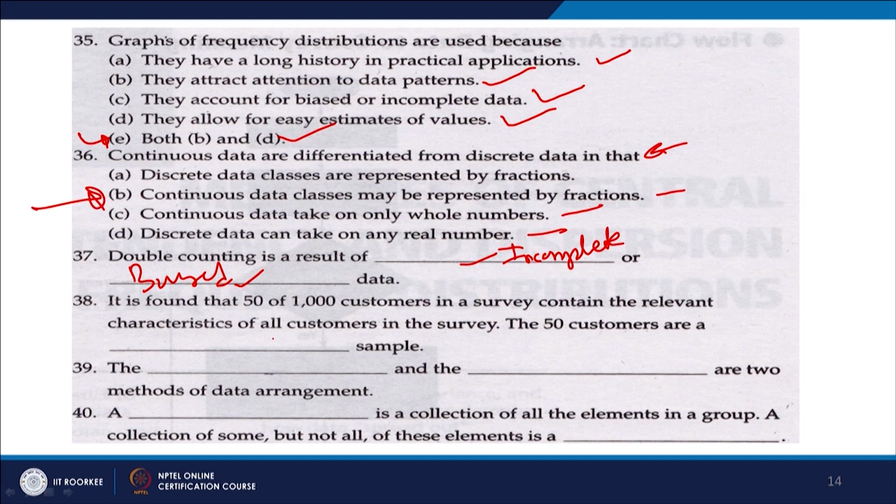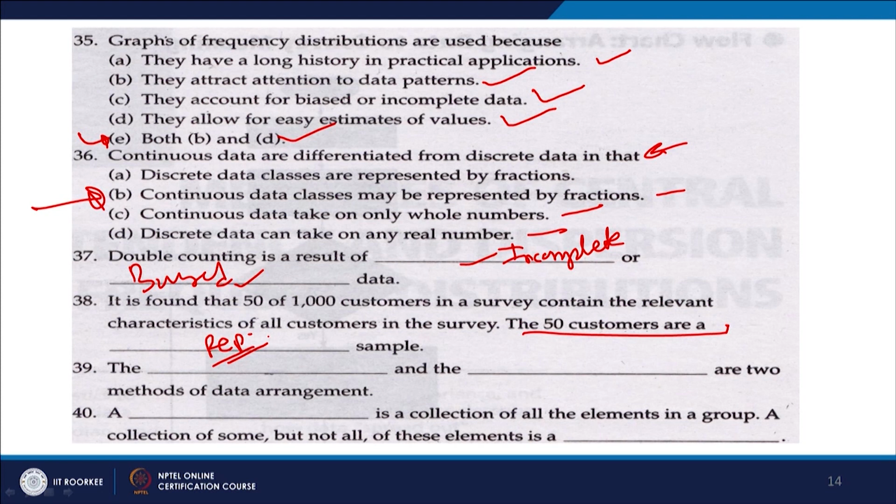It is found that 50 of 1000 customers in a survey contain the relative characteristics of all customers in the survey. The 50 customers are a dash dash sample. What sample? It is a representative or non-representative? It is a representative sample, right, representative sample.